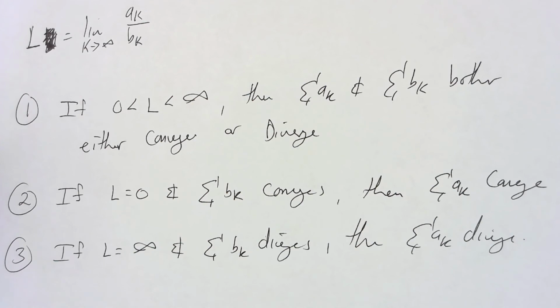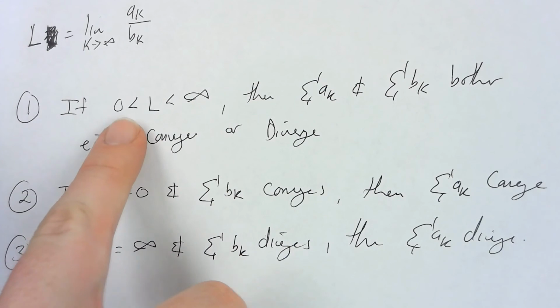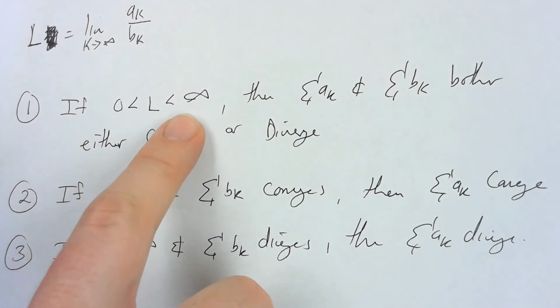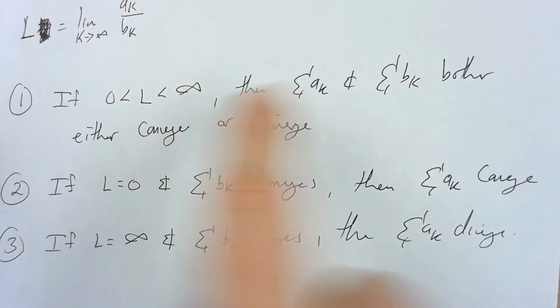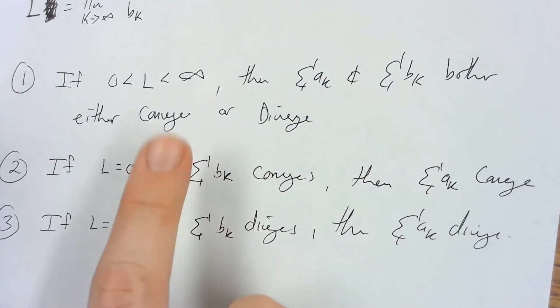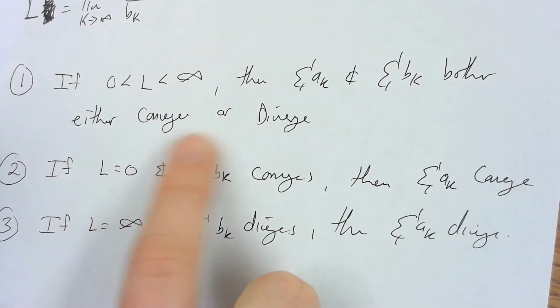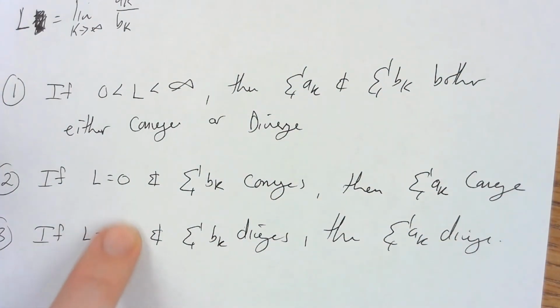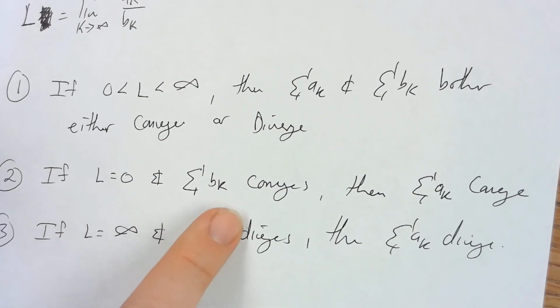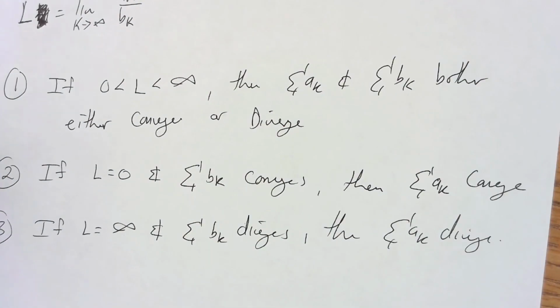So again, it's important to note that we can get a limit equal to a number. In this case, it doesn't matter what series I brought to the table. If it's between 0 and infinity, then the series I brought to the table will always conclude the same thing as the series that we're trying to prove. It's when we get into this hairy mess down here, where we get equal to 0 or equal to infinity, that we actually have to be concerned.